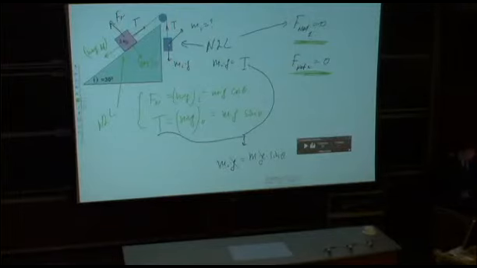Cancel g, cancel g. So the critical mass should be equal to 3 kilograms times, what is sine of 30 equal to? And you see how much time you spent to calculate it.